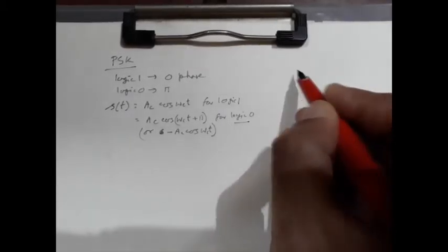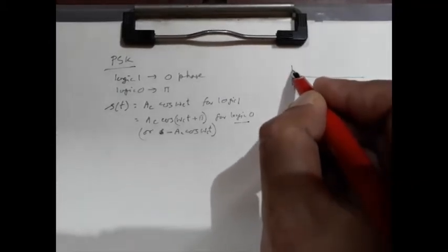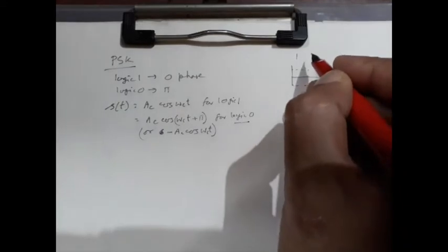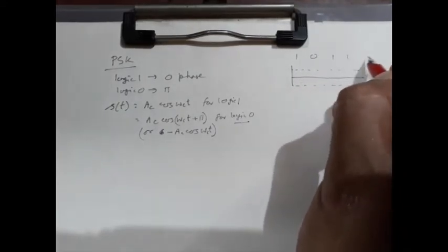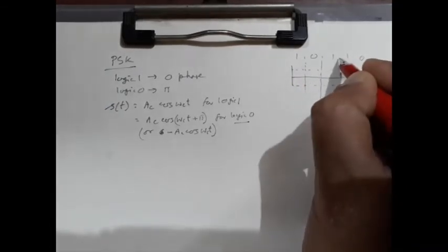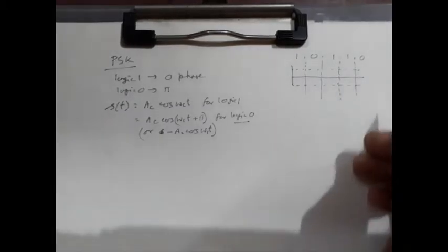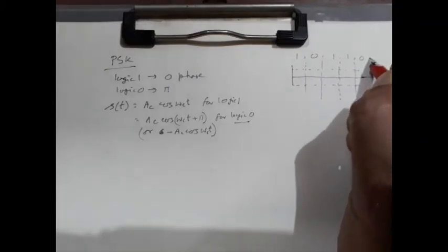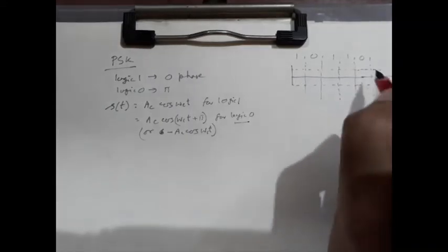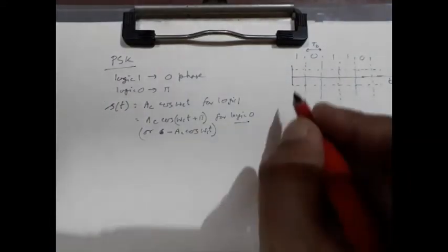So as usual, we will take a simple data, say 1 0 1 1 0. Let us divide this time into several time slots, each of width TB.